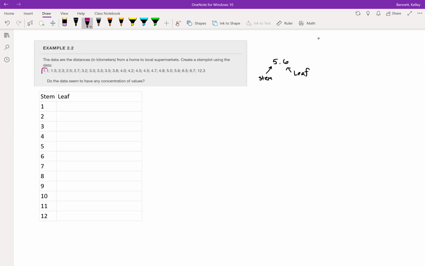So starting with the ones, I have a 1.1 and a 1.5, so that's going to give me 1. This number here that I just wrote represents 1.1. When I write the 5 as well, it represents that I also have a 1.5. Next we have the 2s. I've got a 3, a 5, and a 7.